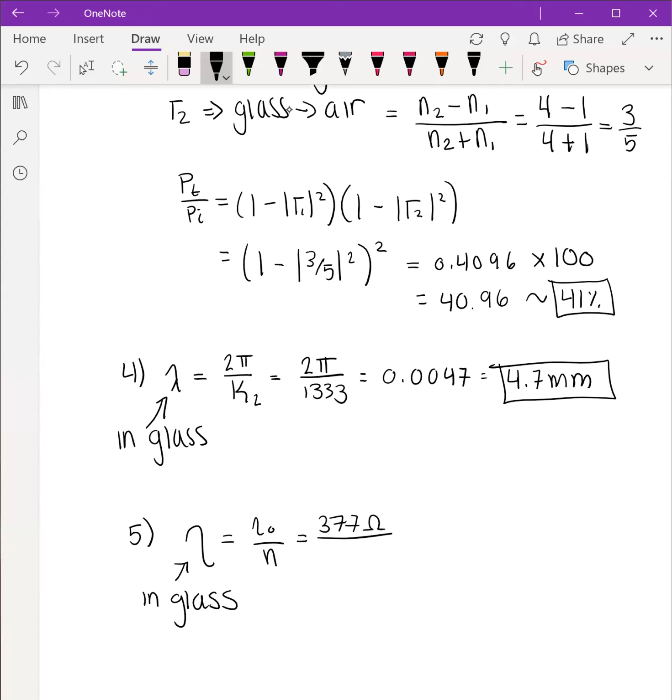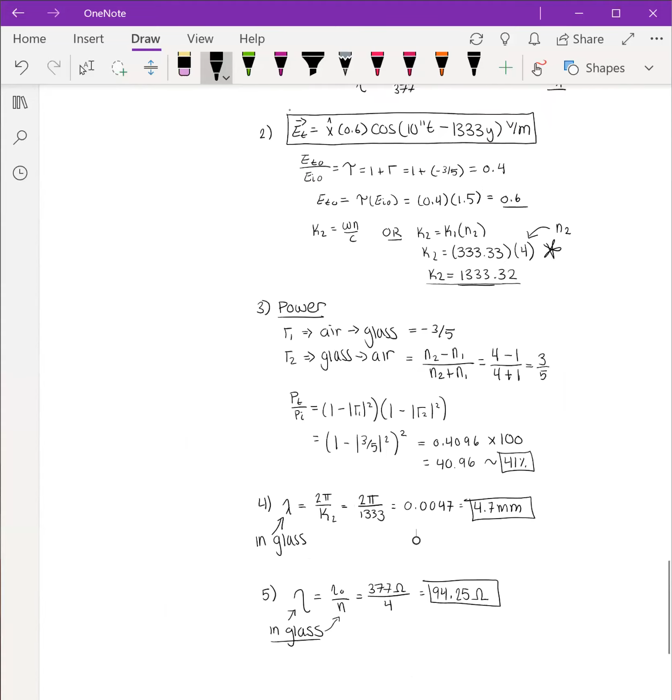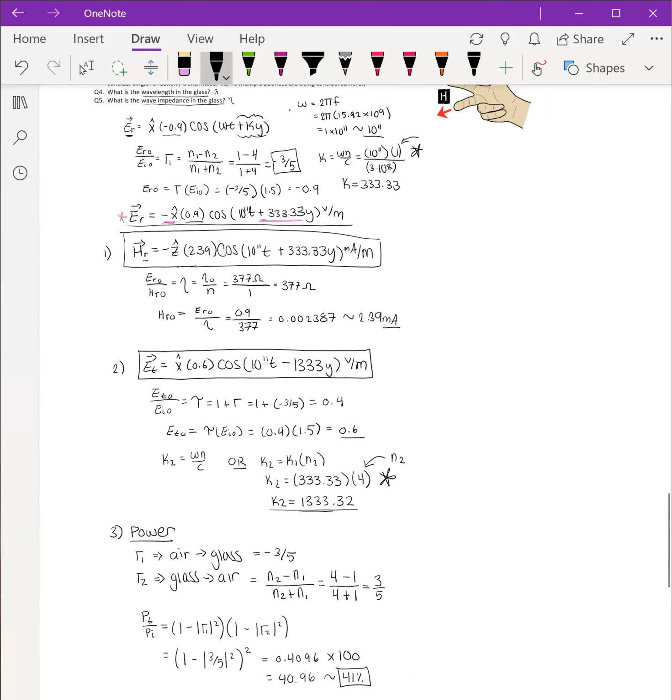We specifically want to know the wave impedance in glass, so we use the index of refraction in glass, and that was 4. So that is equal to 94.25 ohms, the unit of impedance. So that answers all parts of this question.